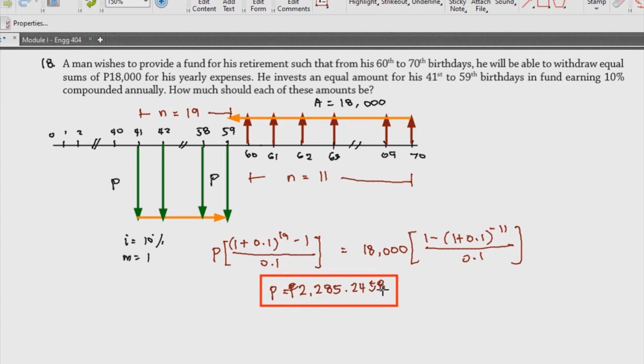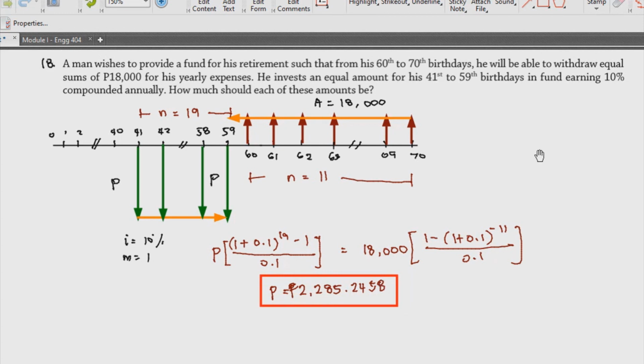Pero siguro sa panahon ngayon, parang hindi na rin yun kaya mabuhay ka ng 1 year kasi imagine, load mo pa lang sa mga expenses mo sa mga tubig, kuryente, medyo marami na ganyan. So I think that is just a little amount for someone. Pero anyway, yun yung problem natin ba't pinapakalma natin yung buhay nung lalaki dito. It's just that ang goal natin sa mag-compute lang, hindi tayo mag-comment sa kanilang lifestyle.